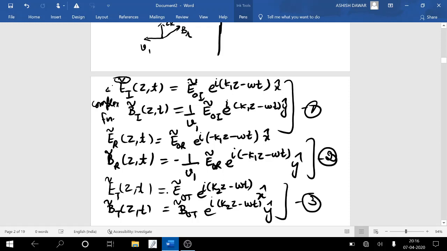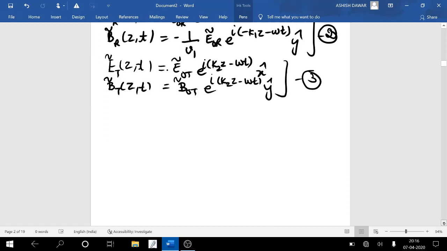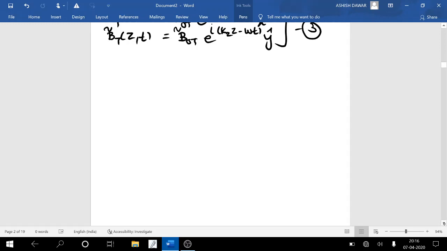So these are equations for incident, reflected and transmitted waves. Okay, so the minus sign in BR is due to the fact that the Poynting vector aims in the direction of propagation.